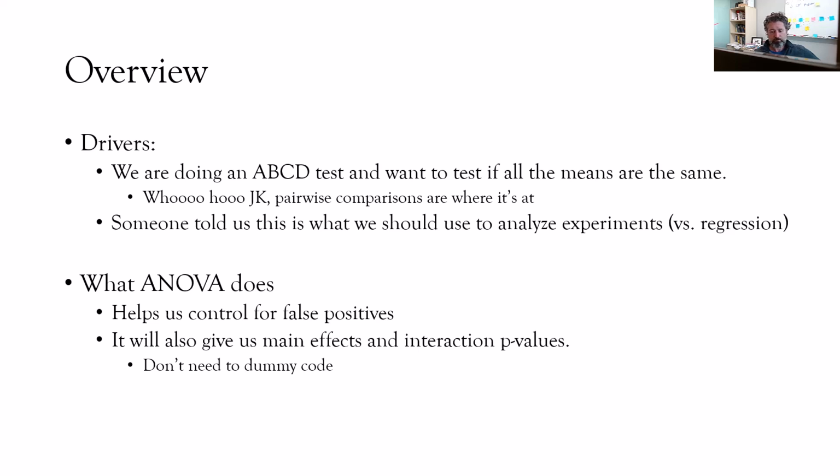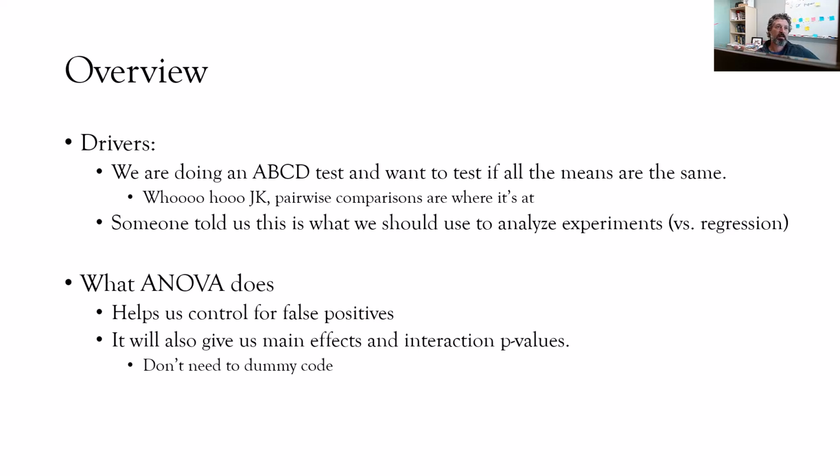It's called an omnibus test, so it tests the whole thing at once. If you had not just an A/B test, but an A, B, C, D, E, F test, for example, then your omnibus ANOVA would tell you whether any of these things are different from each other.